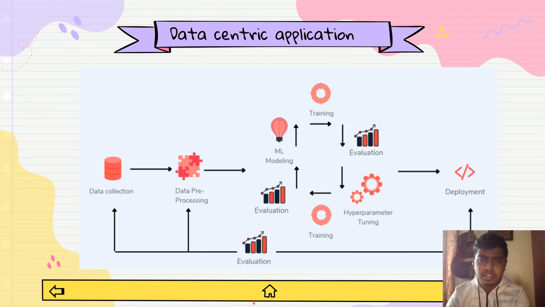This is the basic data-centric application of ML. First the data is collected, and then it is sent to data processing, and it goes through a lot of evaluation: ML modeling, training, evaluations, and hyperparameter tuning and training again. If it's not up to the mark, it is sent back and goes into a loop.